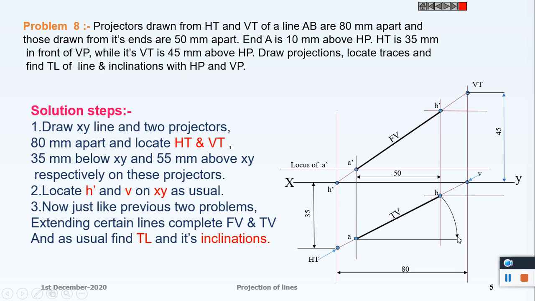This point is B1 and it is projected upwards to the locus of B dash. We get B1 dash. Join A dash B1 dash. We get the angle theta, or it is the inclination of the line with HP and the true length.